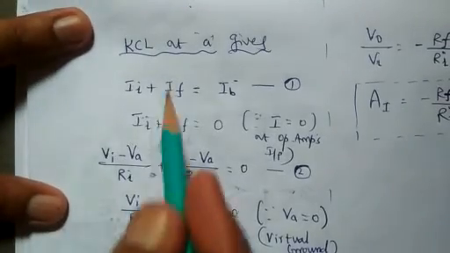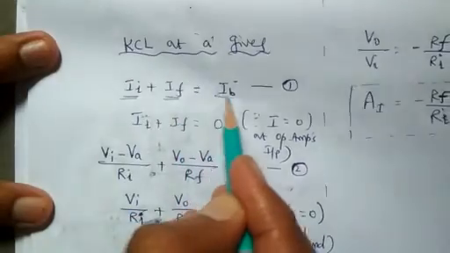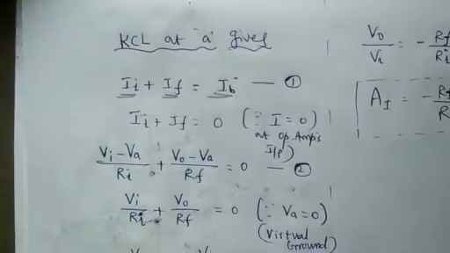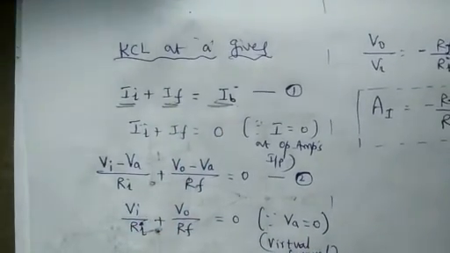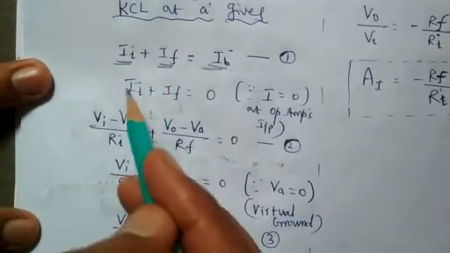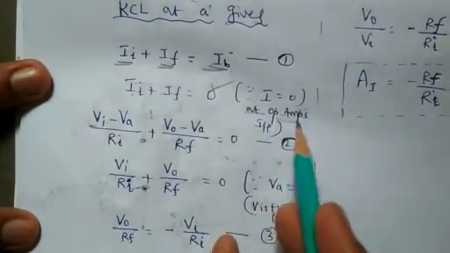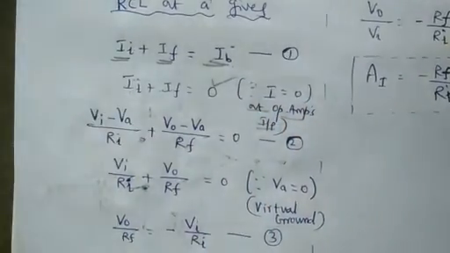After applying Kirchhoff's current law at node A, we get II, the input current, plus the feedback current, equals the current going to the op-amp. The op-amp consumes 0 current initially, so there is nothing on the right-hand side of the equation. So II plus IF equals 0, since I equals 0 at the op-amp's input because of high input impedance.